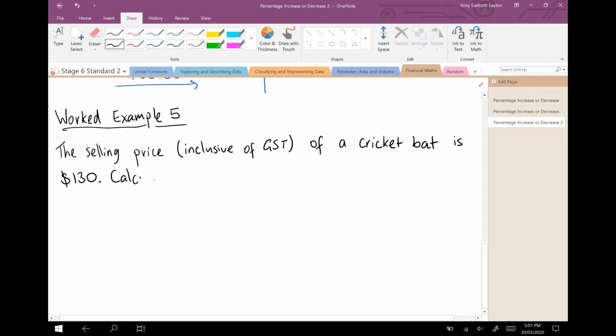And we need to calculate the price of the bat before GST.